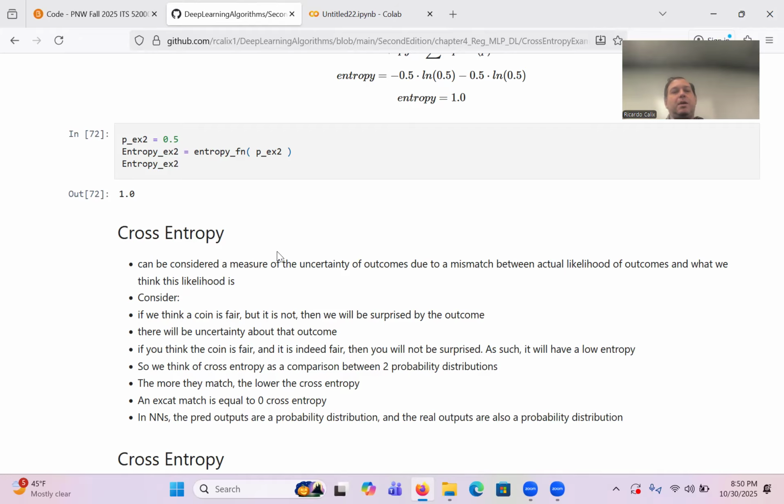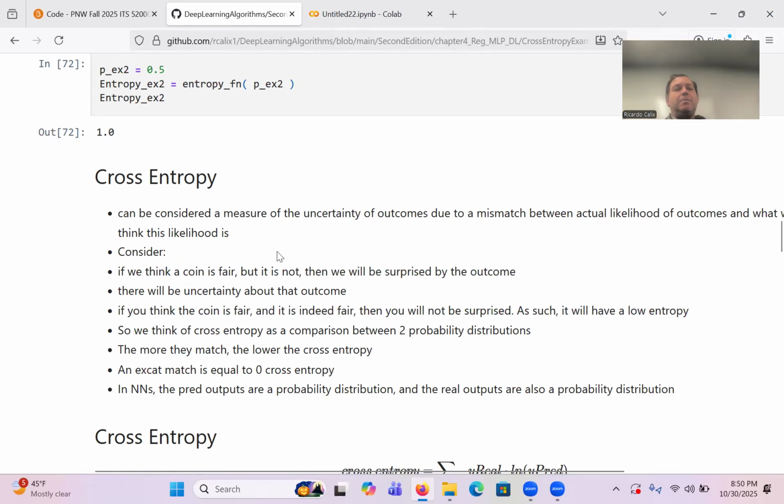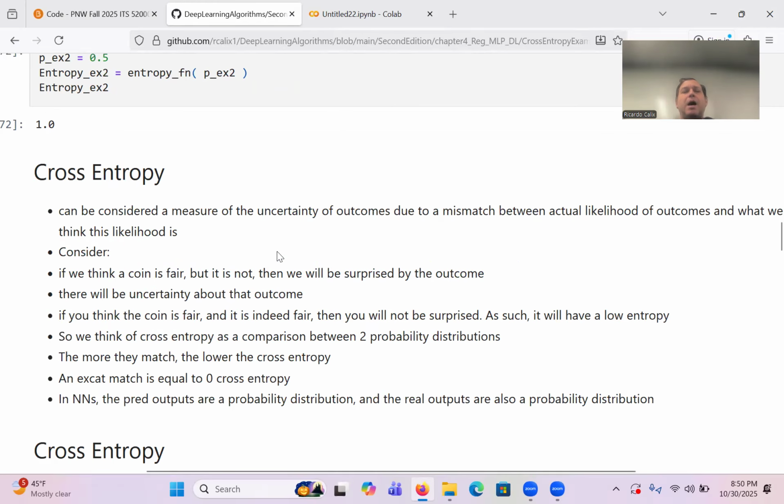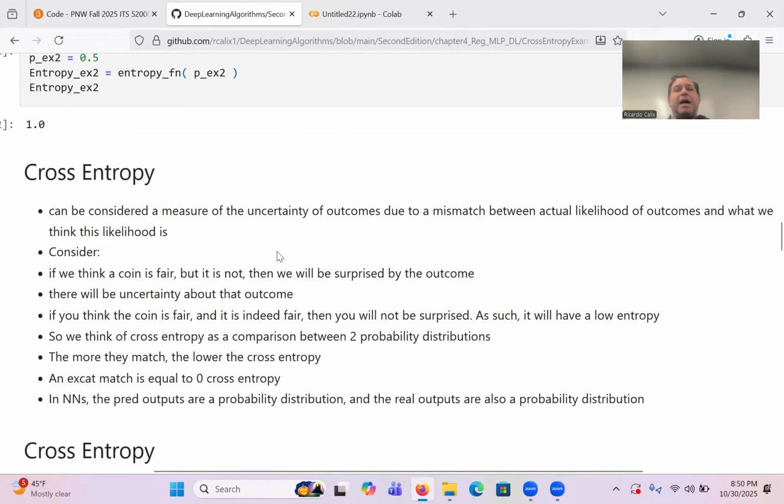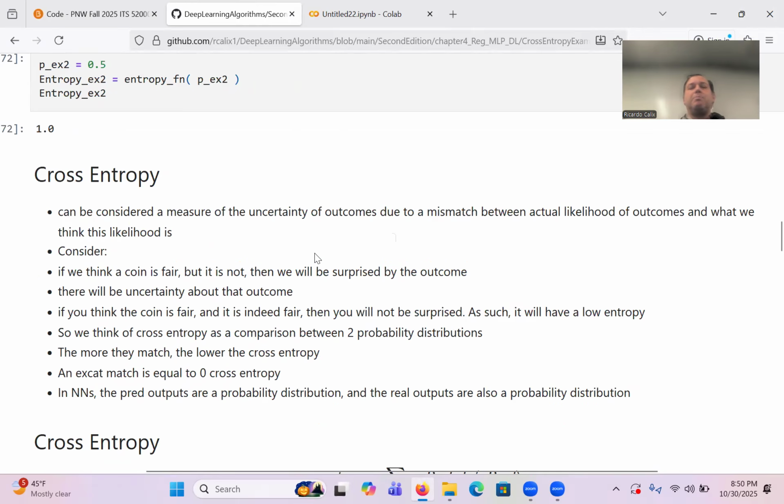So cross entropy can now be considered a measure of the uncertainty of outcomes due to a mismatch between the actual likelihood of outcomes and what we think this likelihood is. It's the comparison of two probability distributions, the probability distribution of the real thing and then of the perceived thing, what you're trying to predict.